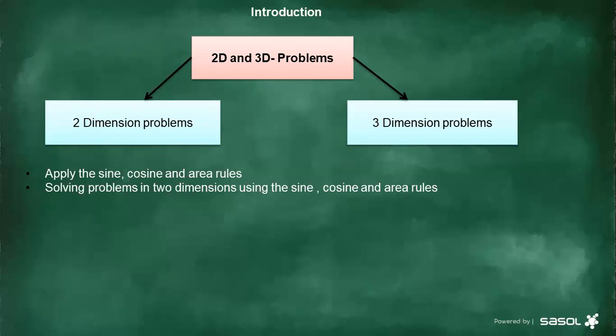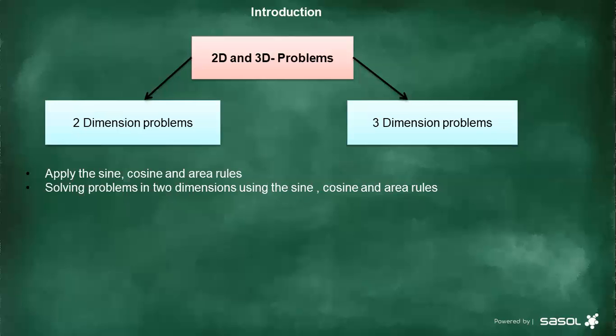We just have to understand when to use the sine rule, when to use the cosine rule, and how to calculate the area of a triangle. Number 2 says solving problems in 2D dimension using the sine rule, cosine rule, and the area rule. So this 3D and the 2D, to me, they look the same.